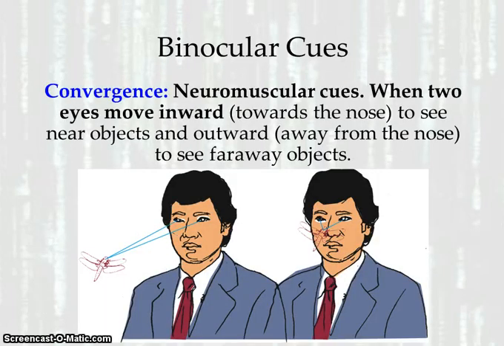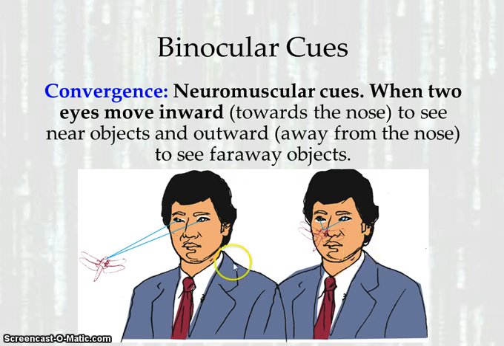Another binocular cue is convergence. These are neuromuscular cues. So if you've ever seen something floating towards your nose, or if you've ever held your finger out in front of you and slowly brought it into your nose, the binocular cue of convergence is going to make your eyes move inward towards your nose to see the near objects, and outward away from your nose to see the far objects.